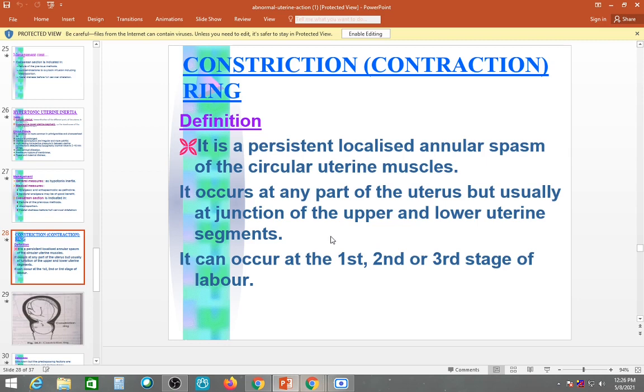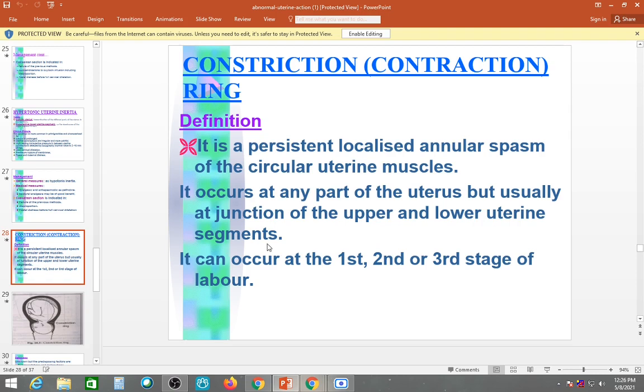Another abnormality like constriction, contraction ring. Okay, in this constriction contraction ring, we have already come across the contraction ring, Bandl's ring. It is a persistent localized annular spasm of the circular uterine muscles. It occurs at any part of the uterus, but usually at the junction of the upper and lower segment.